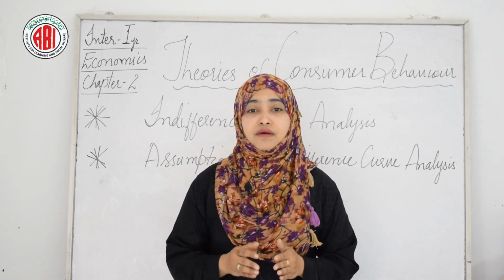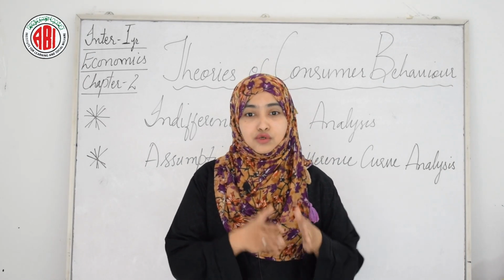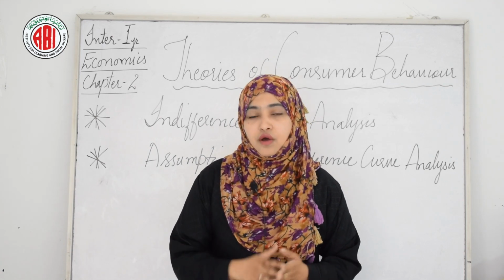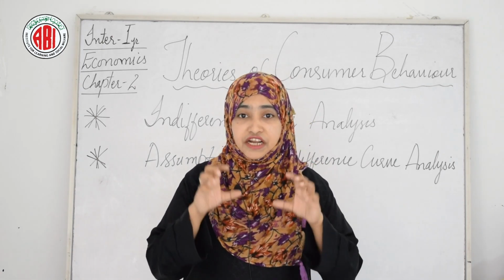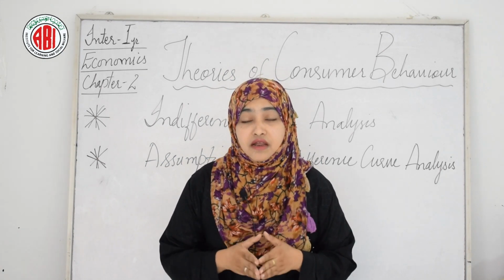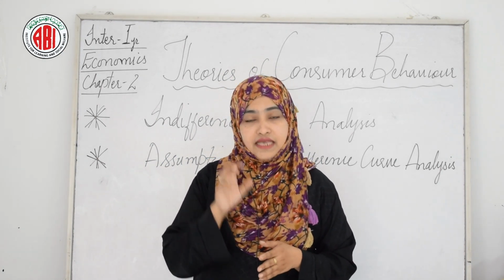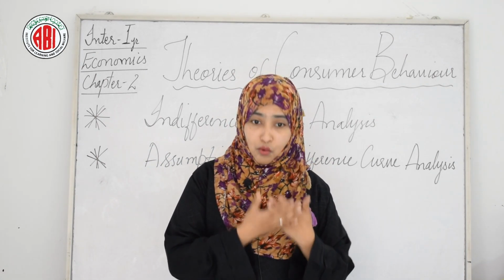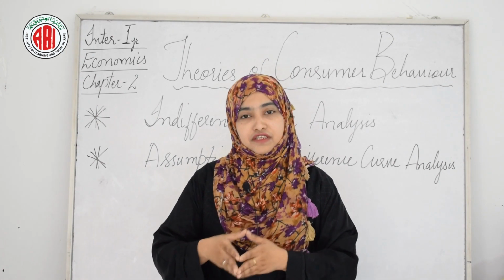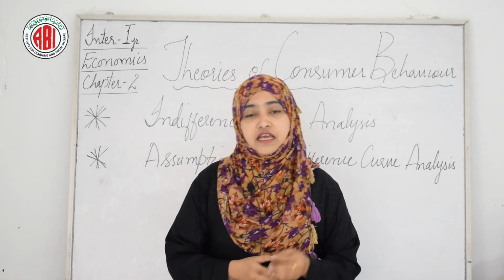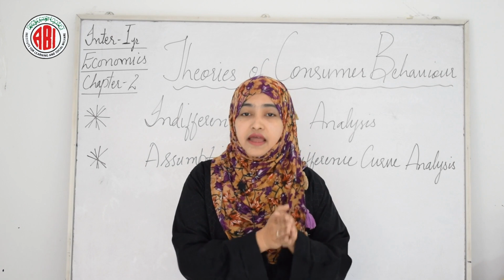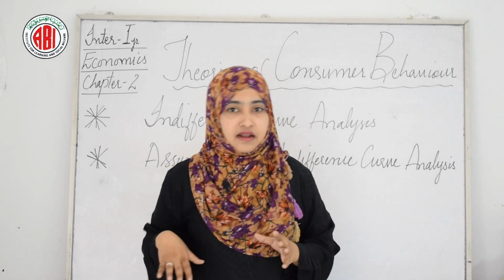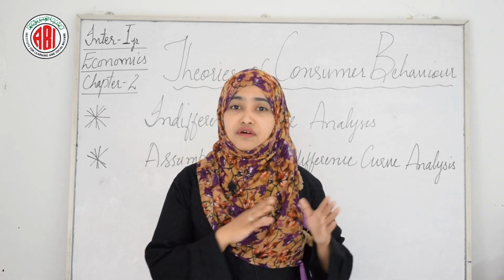Then the consumer prefers more of X to less of Y, or otherwise it will be vice versa. The goods are divisible, and the consumer arranges the two goods in a scale of preferences, that is, the consumer has both preference and indifference for the goods. Here both preference and indifference are transitive. Get it? So all these are the assumptions of indifference curve analysis.